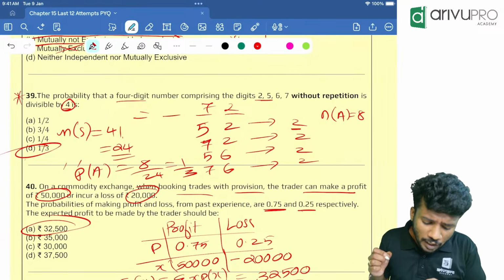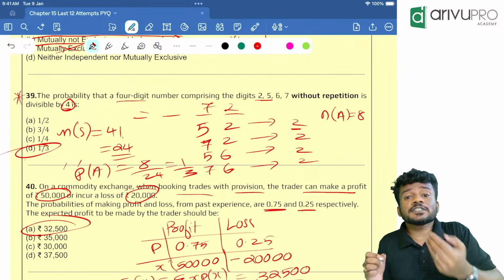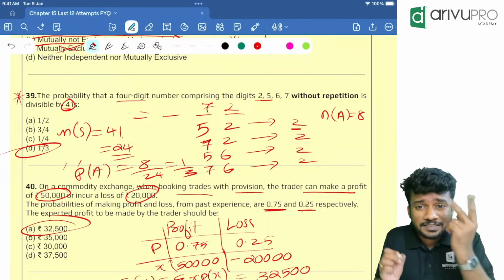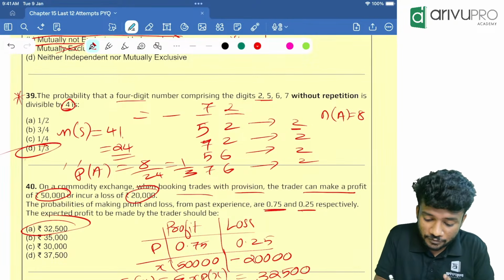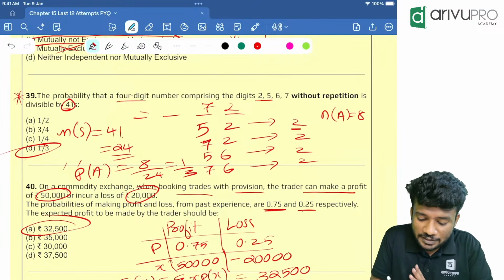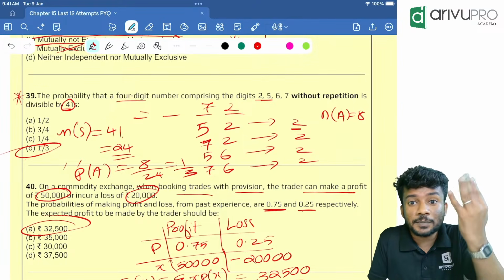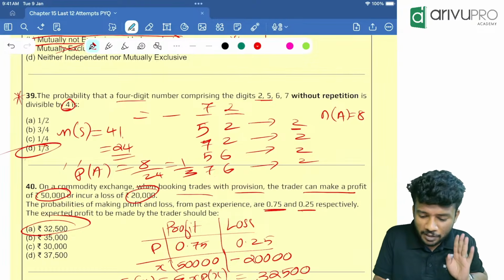Then we need to find when it is divisible by 4. Divisible by 4 means the last 2 digits should be either 52, 72, 56 or 76. Then only it is divisible by 4. Otherwise, it is not.